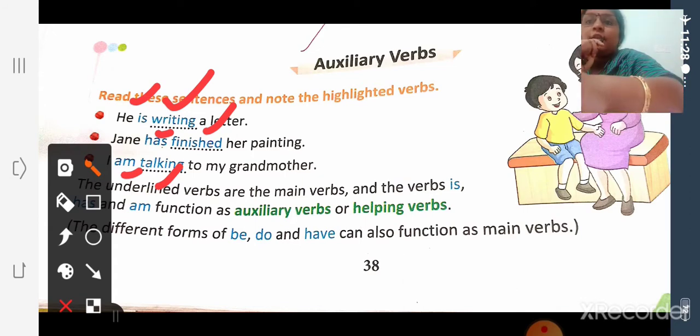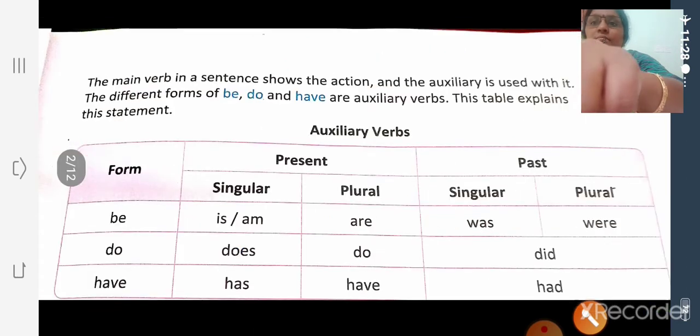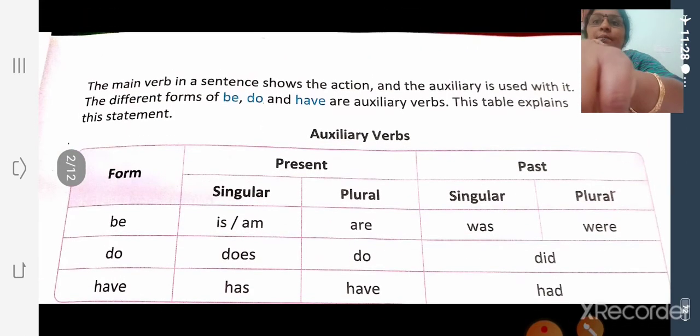Let us study different forms of be, do and have. The main verb in a sentence shows the action. An action verb is a main verb, and the auxiliary is used along with this main verb. Then these are categorized as auxiliary. Primary auxiliary verbs are categorized according to various heads.